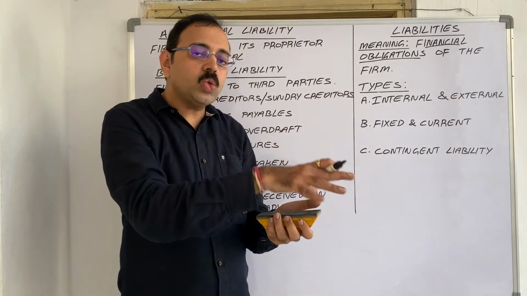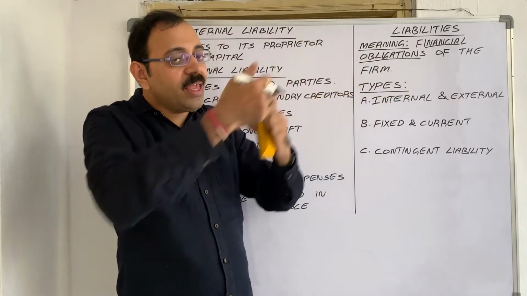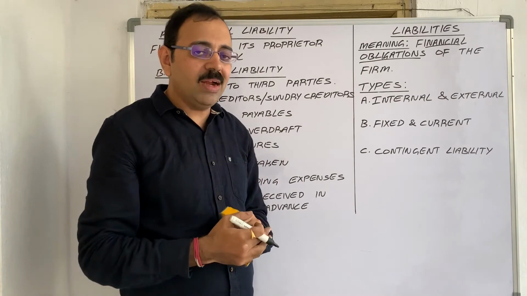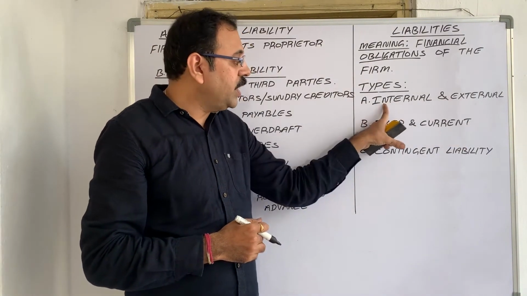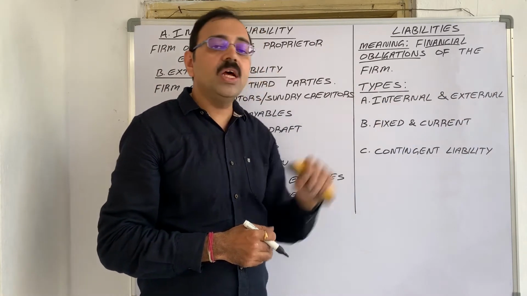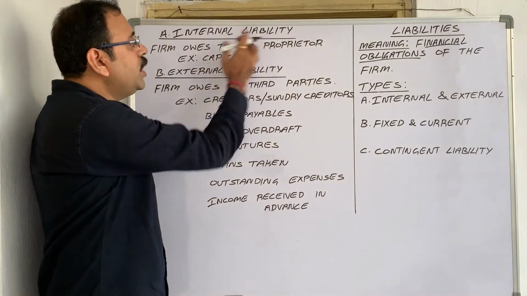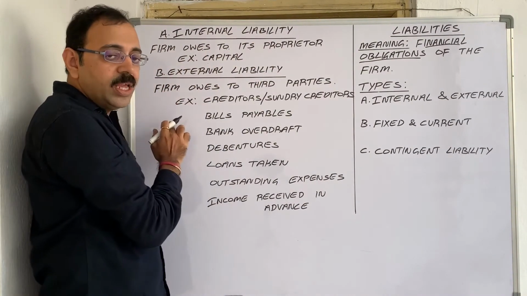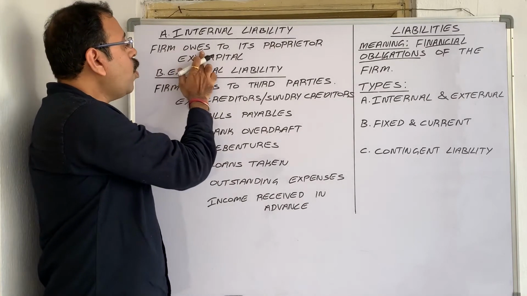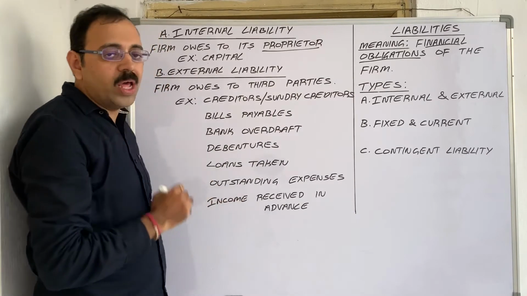Based on the source of liability, meaning from whom we are taking that loan, liability is divided into two types: internal source and external source. What do you mean by internal liability? Internal liabilities are the liabilities where the firm owes to its proprietor. Proprietor means owner.